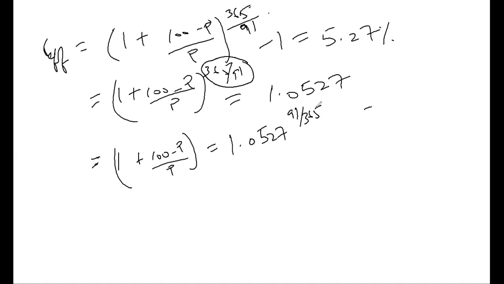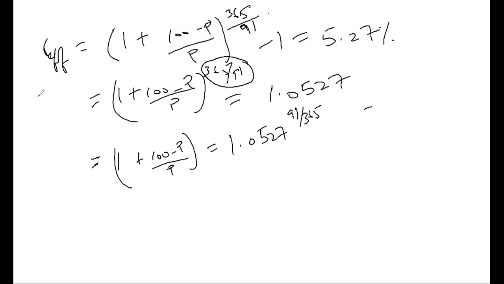Okay, so when we do this calculation, what do we get? Let's do this one more time. 1.0527 raised to 91 divided by 365 is 1.01288.